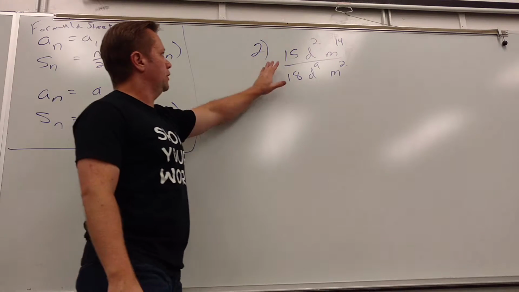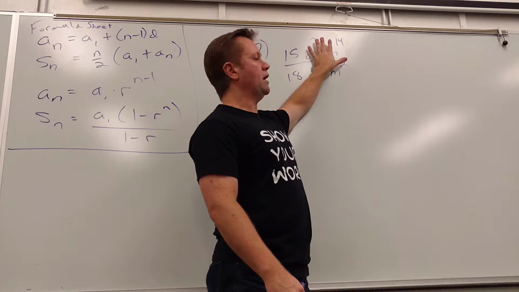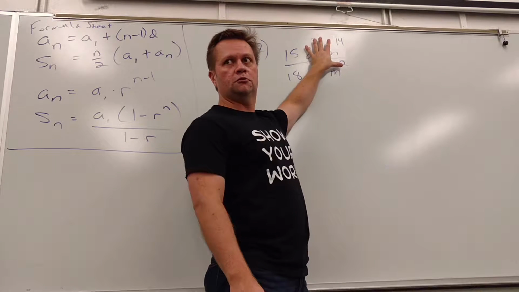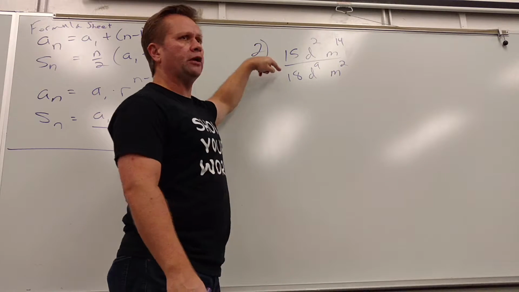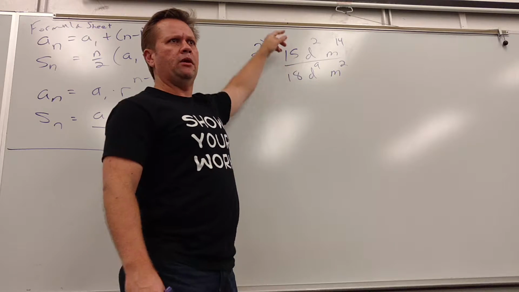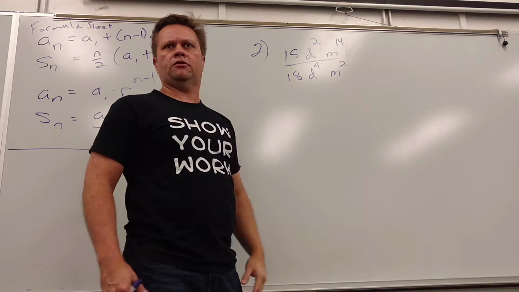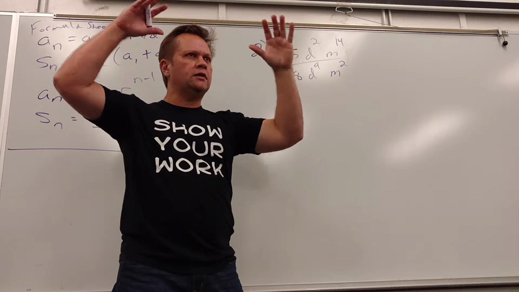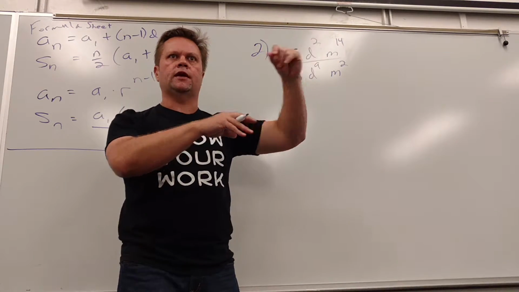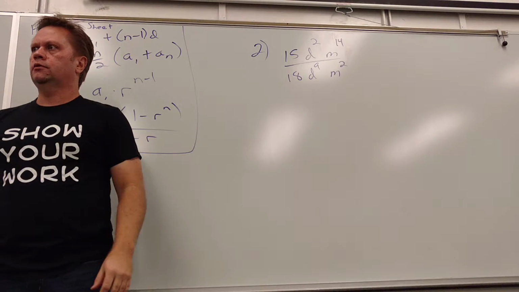What if these weren't there? What if that was the only part of the problem? You divide. Some of you put 3, or maybe even -3. When did 15 divided by 18 ever be 3? So you guys are mixing up how exponents act with how numbers act.